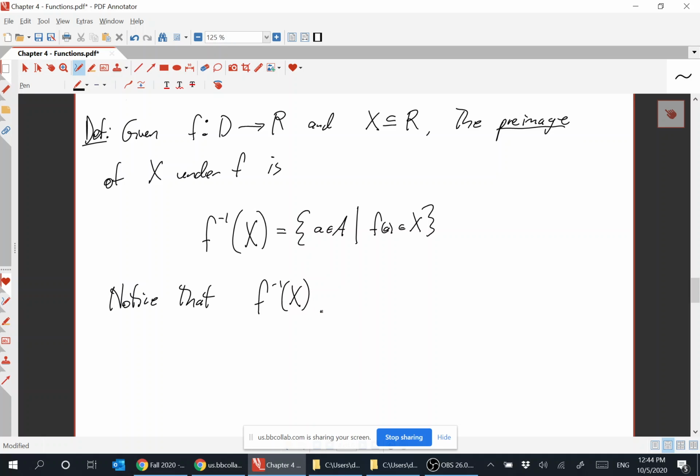What sort of thing is it? Is it an element of the domain, or an element of the range? Well, X is a subset of the range. So what is the pre-image f inverse X? That is a subset of the domain.